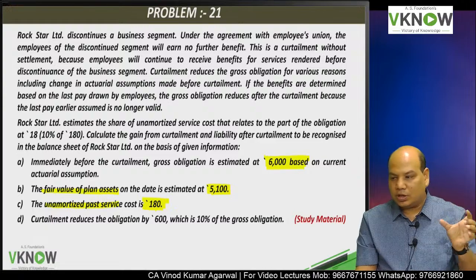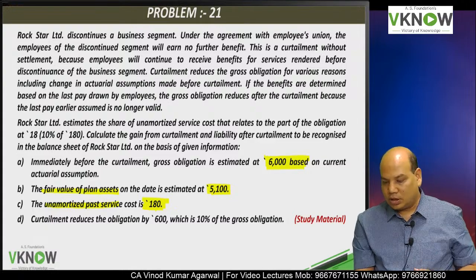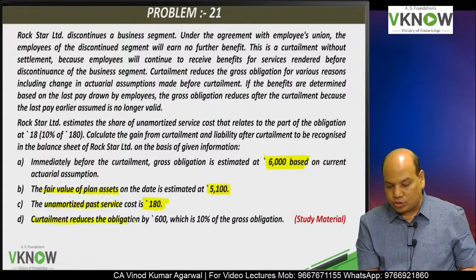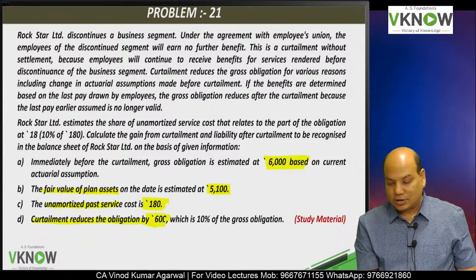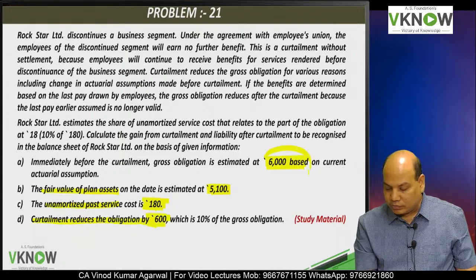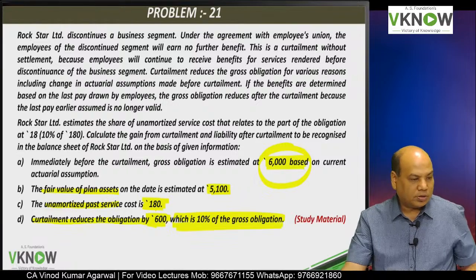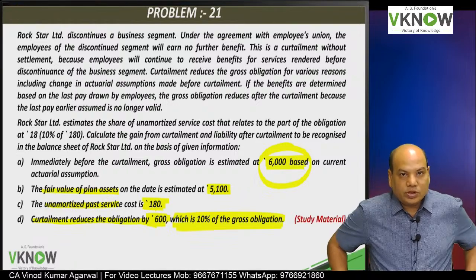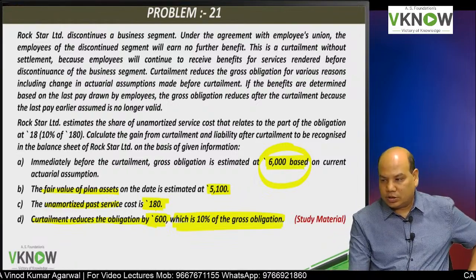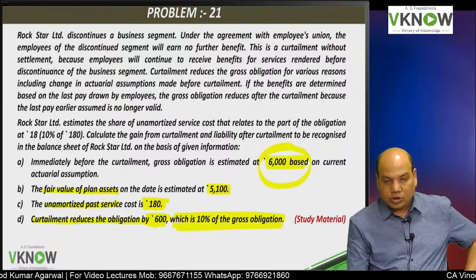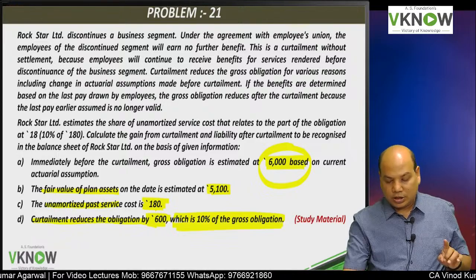The previous question was given in the form of a table, and now it says curtailment reduces the obligation by 600. Why 600? 6,000 into 10%, which is 10% of the gross obligation. So my question is, what is the gain or loss on curtailment?